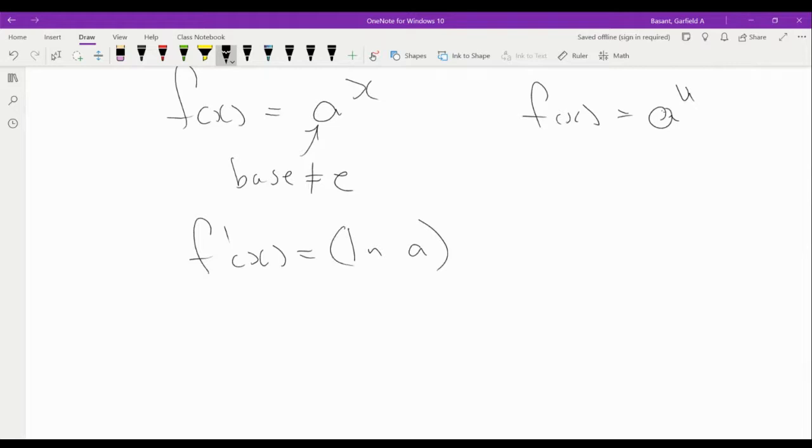So whatever the base is, we take the natural log of that and multiply it by a to the x. So f prime of x is equal to the ln of the base times a to the x. This is the first rule.